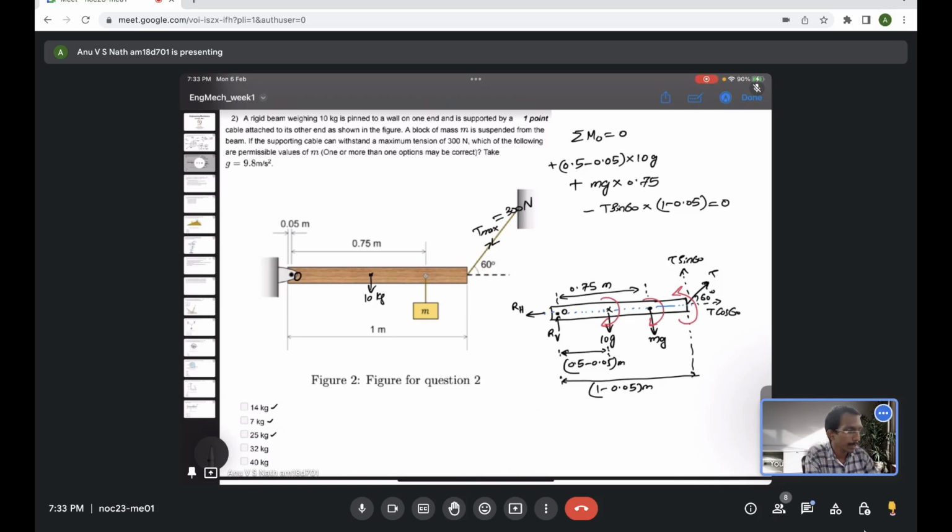Now the unknown is m. We can solve for m. Just bear in mind that the maximum possible tension allowed is 300 Newton.